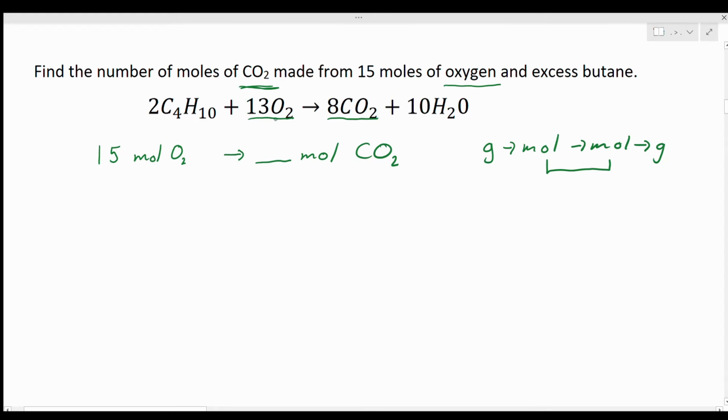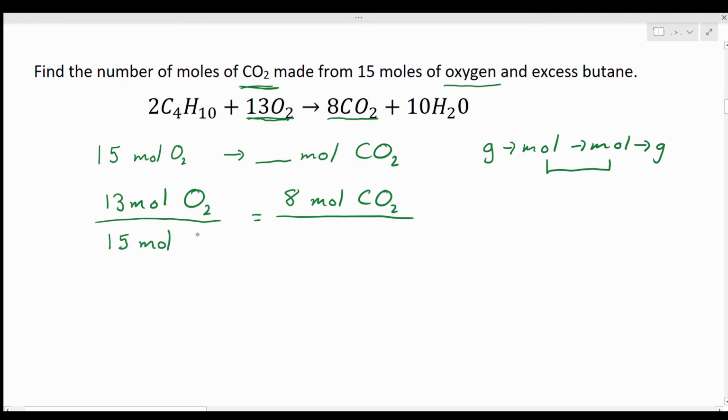We know that the relationship is 13 moles of oxygen will give us 8 moles of carbon dioxide. Now on the bottom, we keep carbon dioxide to the right side and oxygen to the left side. What we want to figure out is that we know we have 15 moles of oxygen gas, but we don't really know how many moles of carbon dioxide that will make.